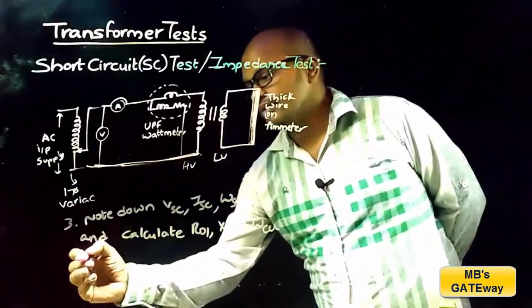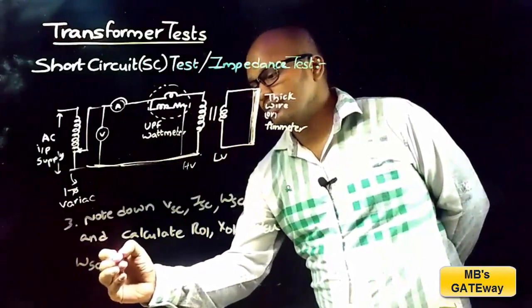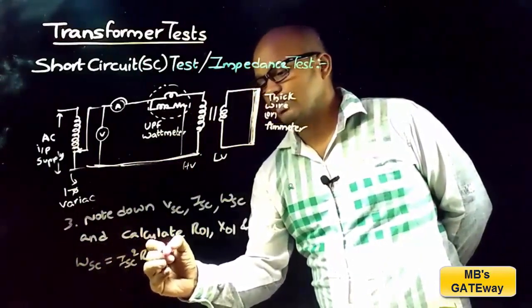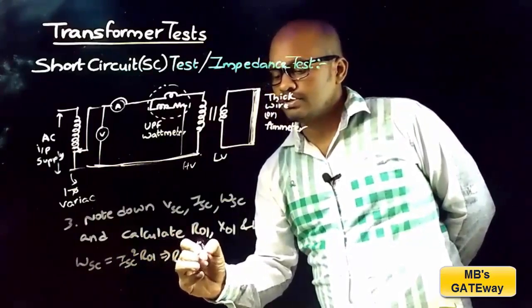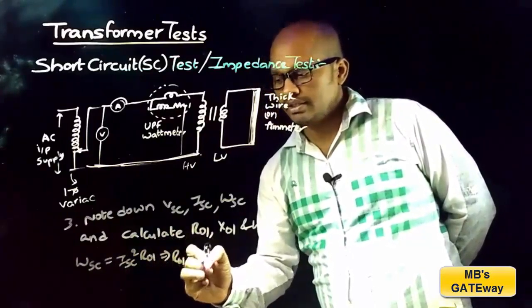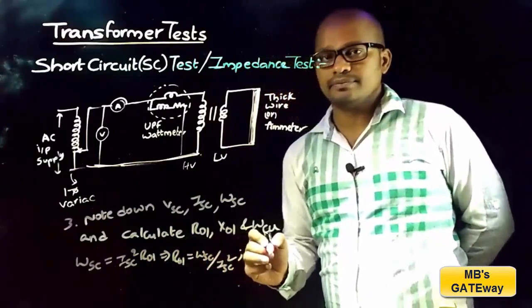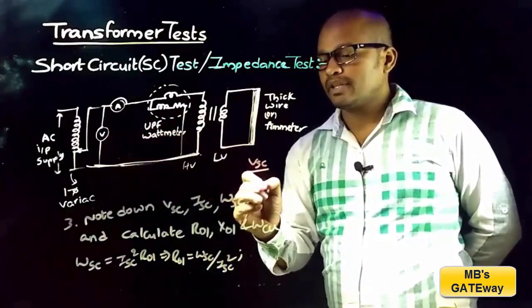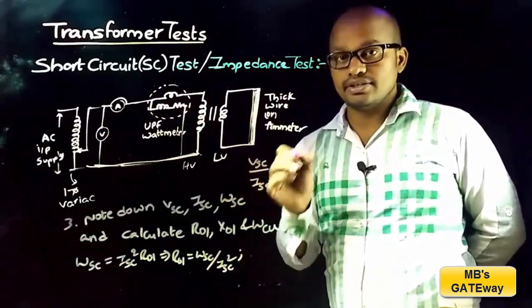Wattmeter reading is represented with WSC, which can be equated to ISC squared into R01. That implies R01 is equal to wattmeter reading divided by the square of the ammeter reading, and the ratio of voltmeter reading VSC by ammeter reading ISC gives you the impedance Z01.